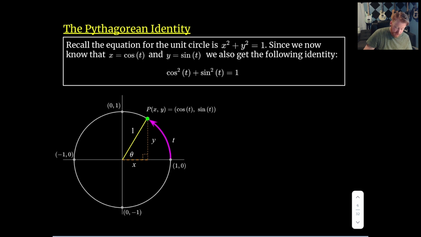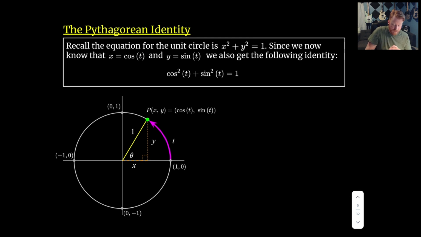All right, so next we're going to take a look at the Pythagorean identity. Recall that the equation for the unit circle is x squared plus y squared equals 1. Since we now know that x is equal to the cosine of t and y is equal to the sine of t, we get the following identity.